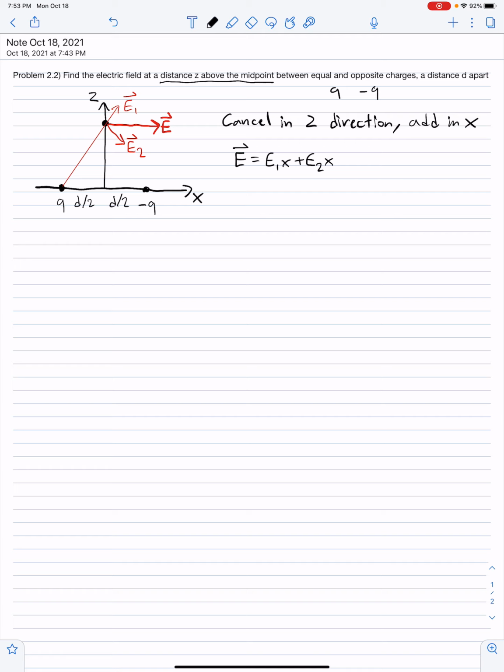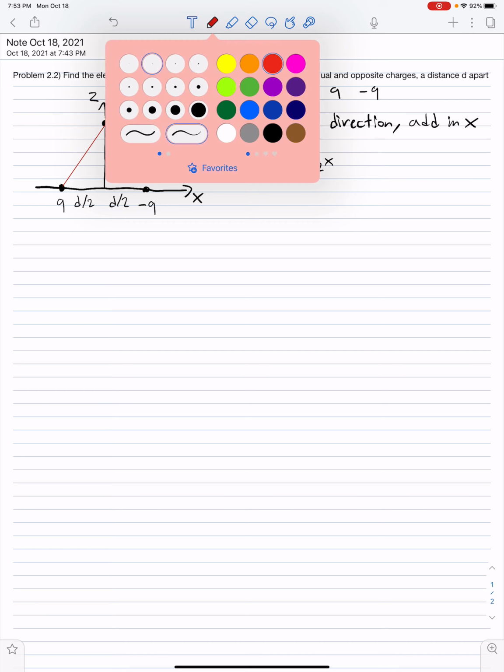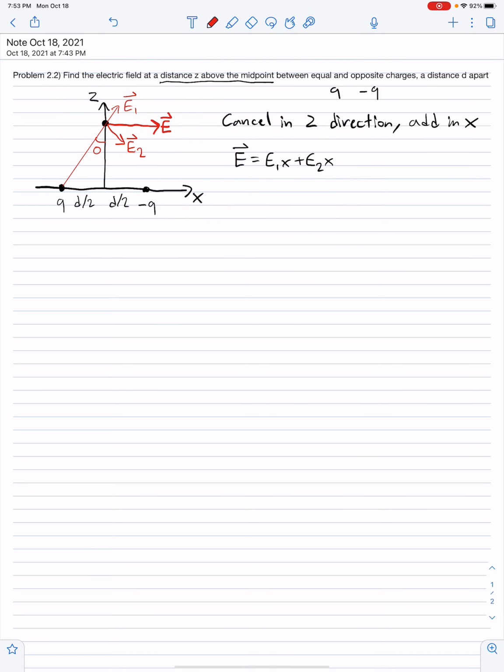So let's draw this out. So we know that we have an angle theta right here, and this is distance r.